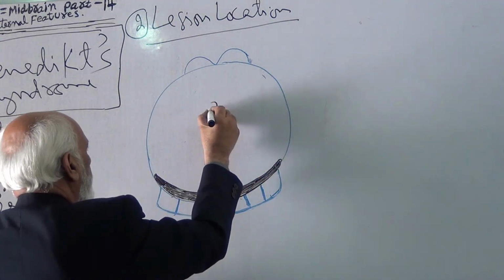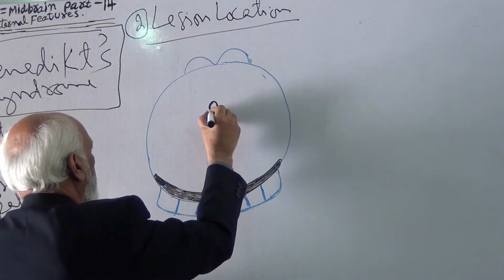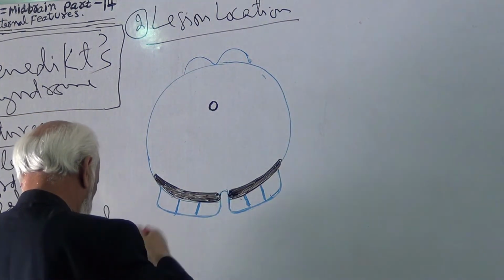Then the cerebral aqueduct surrounded by central gray matter.